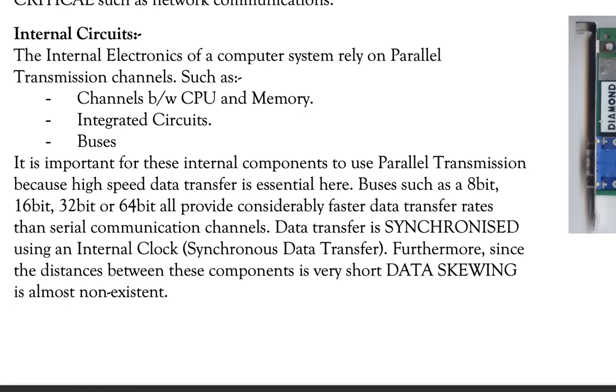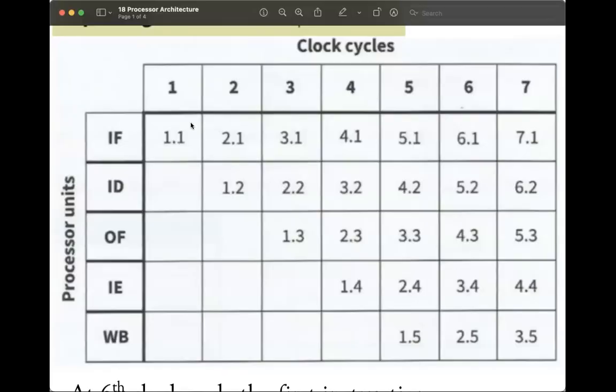But these activities operate in such a synchronized manner that every time a clock cycle increases, one activity shifts to another stage and another activity enters the pipeline. So this is a very synchronized activity. For example, this diagram can be used to represent the effect of pipelining. Pipelining is not yet part of your syllabus, but this is just to give you an idea of what synchronized activities look like.